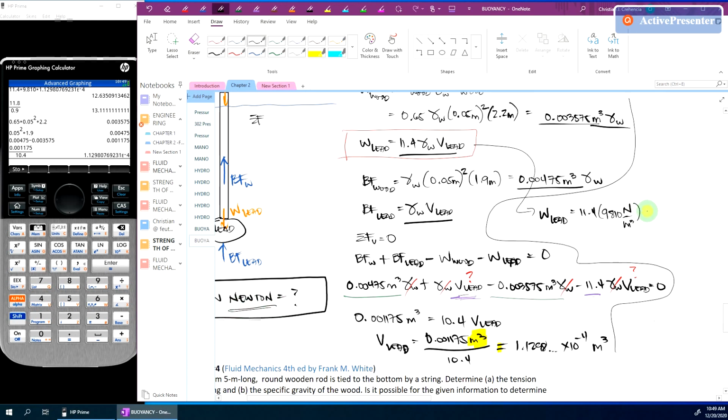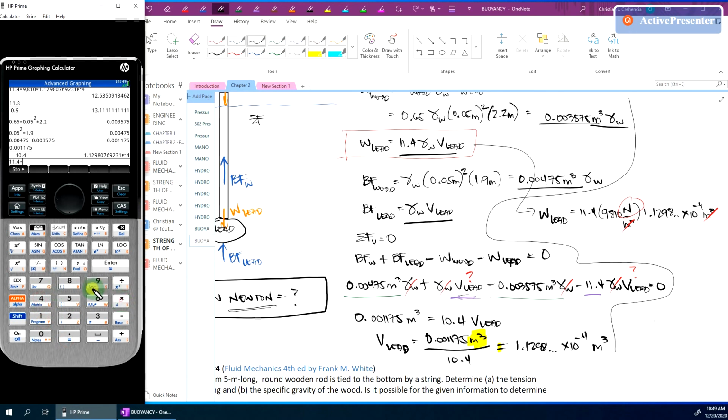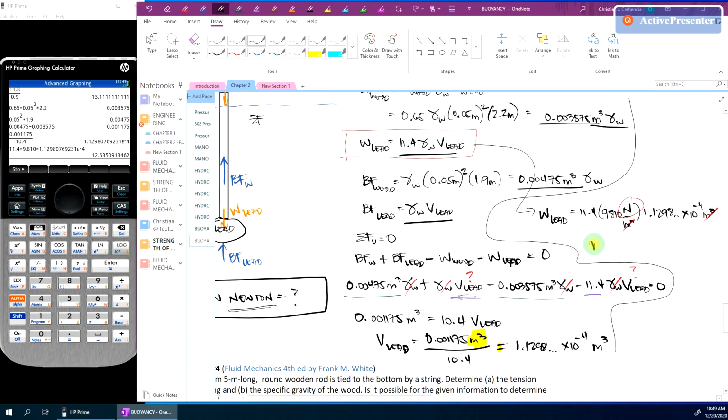Times its volume na 1.1298 so on times 10 raised to negative 4 cubic meter. So, we can cancel out cubic meter. So, ang unit natin is in Newton. Okay, so 11.4 times 9810 times itong volume. Okay, so we have 12.635 Newton.